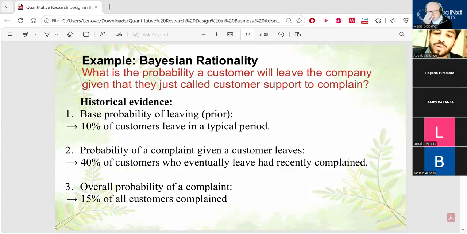This is why it's important for a business to keep good records. 10% of customers leave in a typical period. This is something we know. We know also that 40% of customers who eventually leave had recently complained. This is something we know as well. 15% of all customers actually complain. So we have 3 pieces of information to use.